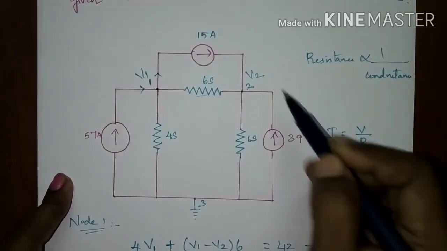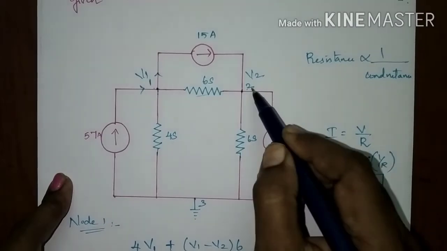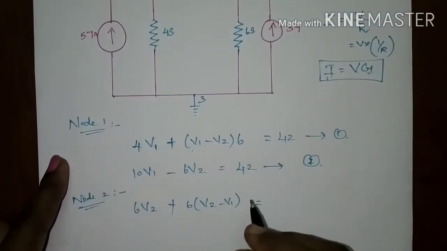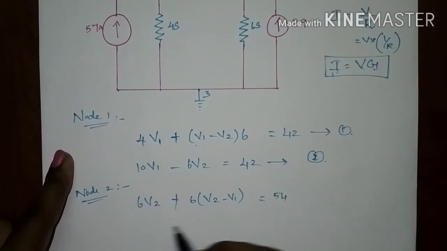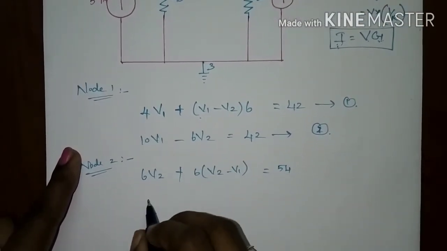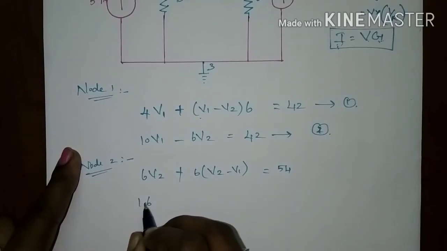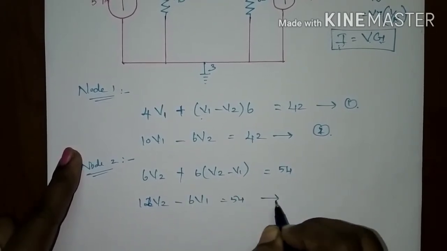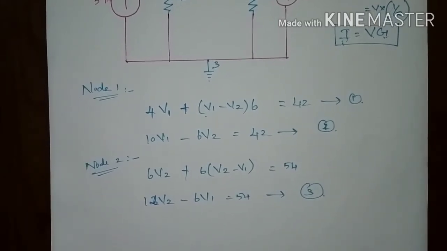Here the currents 39 and 15 are incoming. So, the total current would be 54. After doing some mathematical calculation, your equation would be 6 plus 6 is 12 V2 minus 6 V1 is equal to 54. This is the third equation.